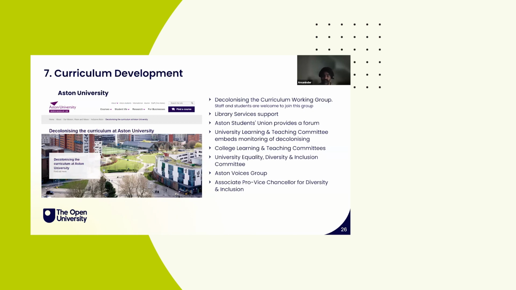They collate case studies and impact statements that can be used to support wider engagement. They also liaise with deans and associate deans within the colleges to raise awareness of the project, and they create a repository of discipline-specific guidance for staff on how to approach decolonization in their context, which is quite useful.